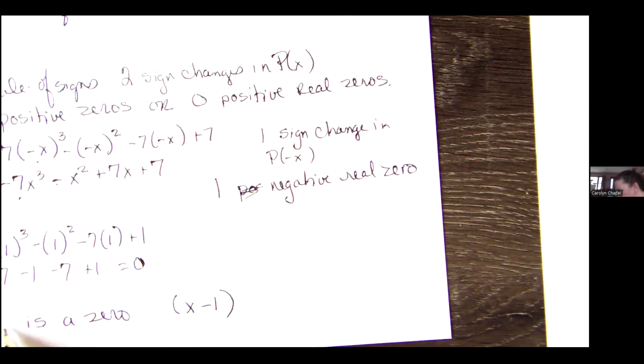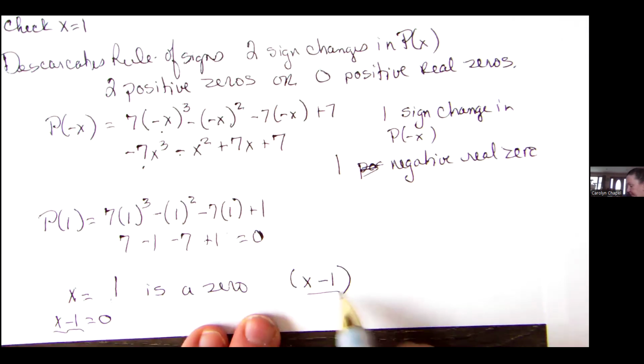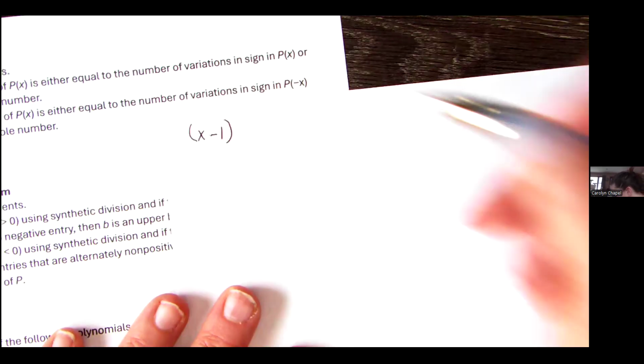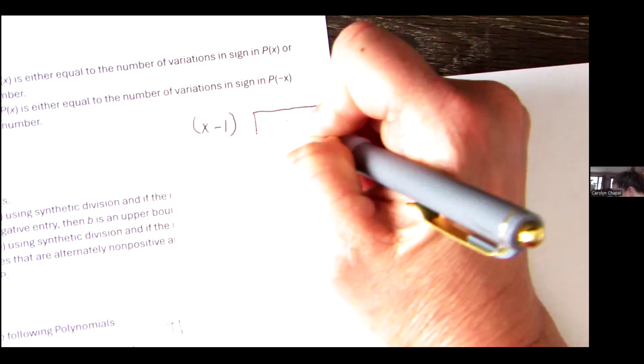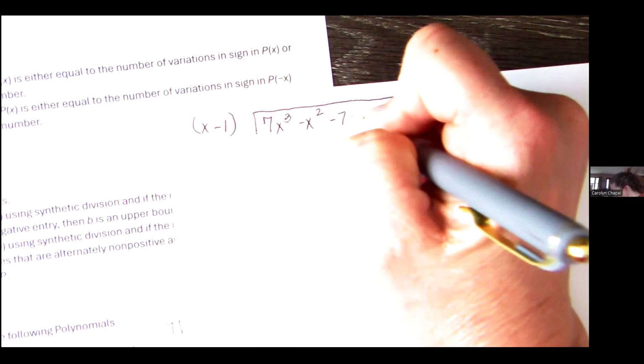Moving the 1 over to the other side, x minus 1 is equal to 0. There's my factor. I can divide this out of this function. I'm just copying it down here.